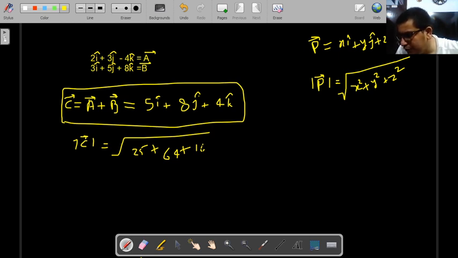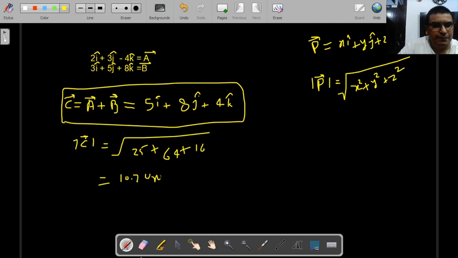So under root of 105, and it becomes almost 10.2. 10.2 units is the numerical value of this vector. Now, if it is a vector, then how can we get its direction?